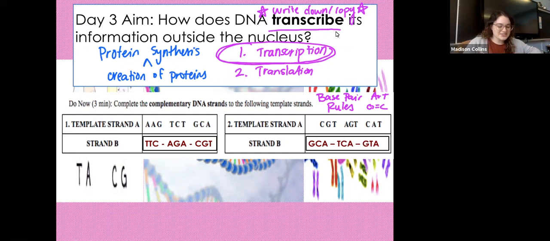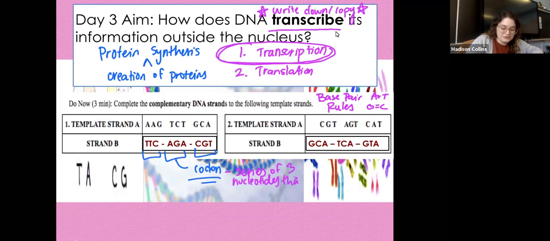Now, notice that these strands are separated in bunches or groups of 3. Remember, when we have a series of 3 nucleotides, that is known as a codon. So this is a series of 3 nucleotides that codes for a specific amino acid.